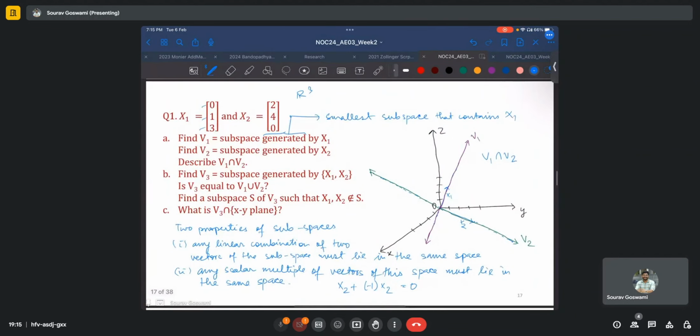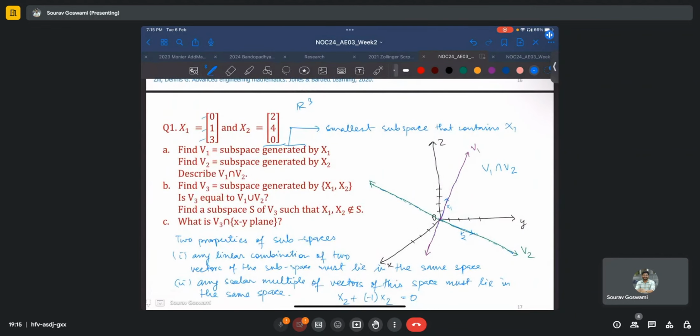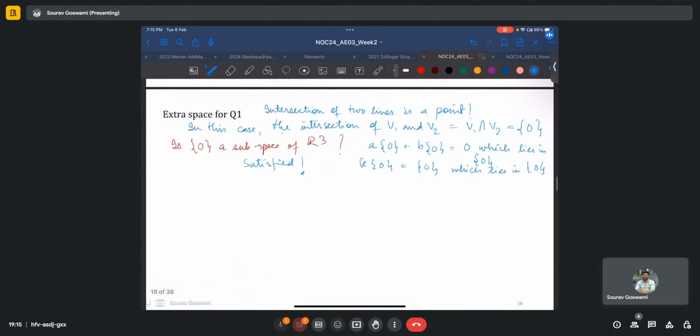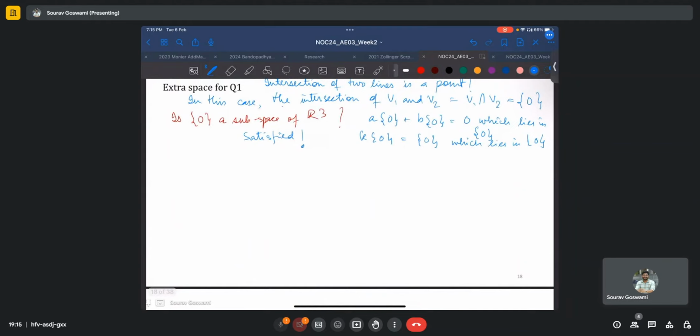Now, the second part of this question: find V3, which is actually the subspace generated by x1, x2, and is V3 equal to V1 union V2. So, okay, I'll just draw it again.